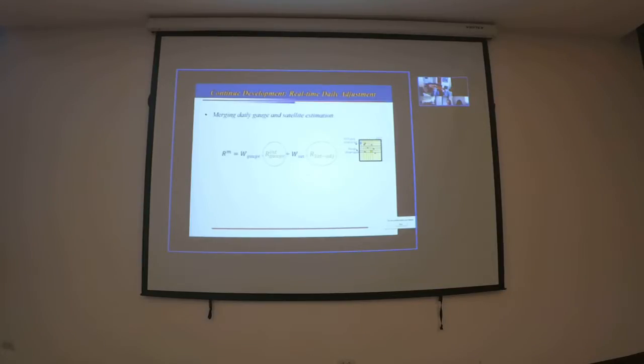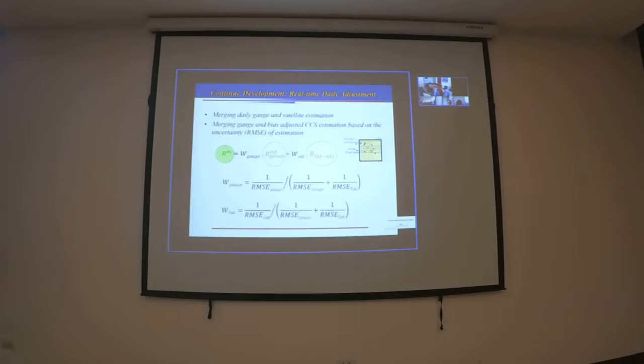But if the point is away from the gauge observation, the uncertainty is a function of the distance from the gauge location, so a far distance has much higher uncertainty. We can use this concept to build the uncertainty for the weighting factor and come up with the combined estimates, which I call the merged estimates.